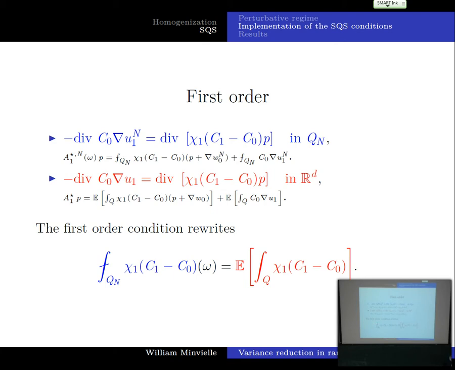Okay, so let's just think about it. If C1 minus C0 is the identity matrix, I can cancel it out, and it just says that the realization that is, in some sense, the best should satisfy the fact that the volumic proportion of fibers, of inclusions, should match the asymptotic one.